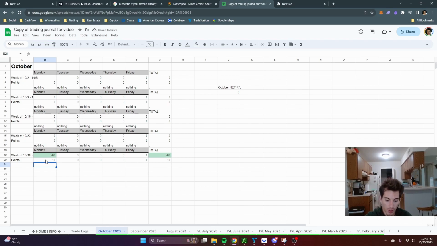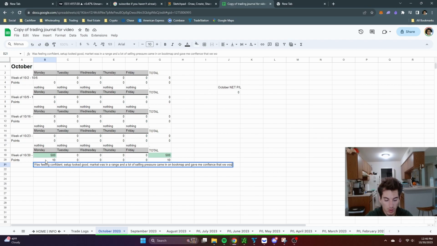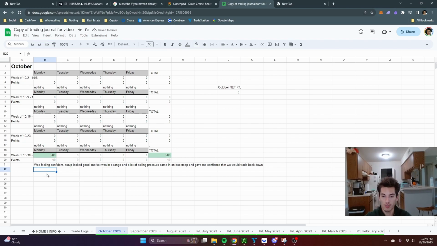And then I'll put in the trading journal: was feeling confident, setup looked good, market was in a range and a lot of selling pressure came in on Bookmap and gave me confidence that we would trade back down, whatever, right? Just put whatever you're feeling, whatever you want to journal about that day.